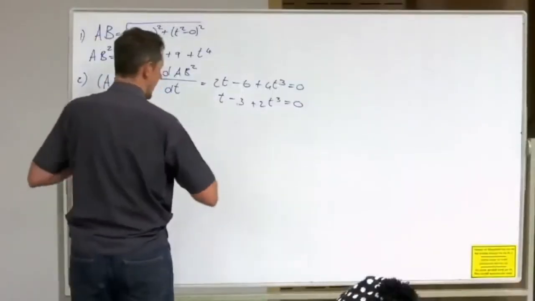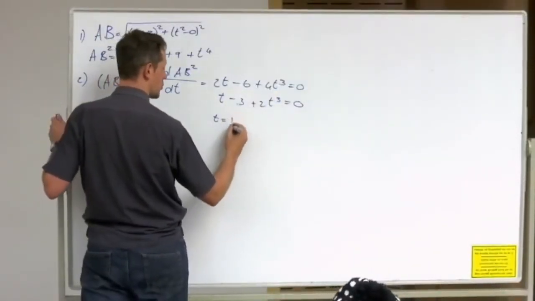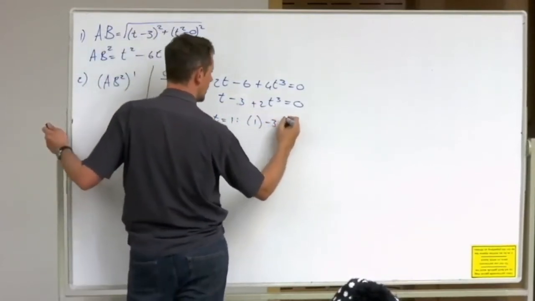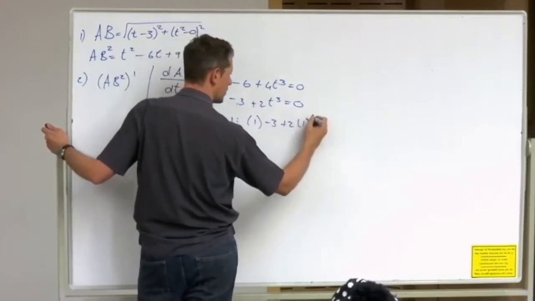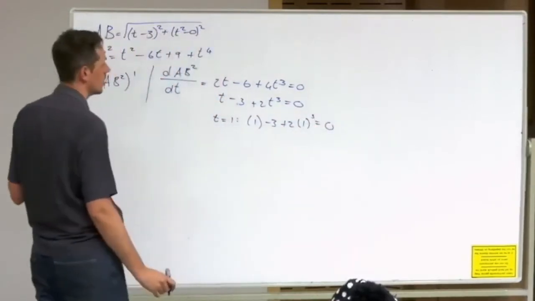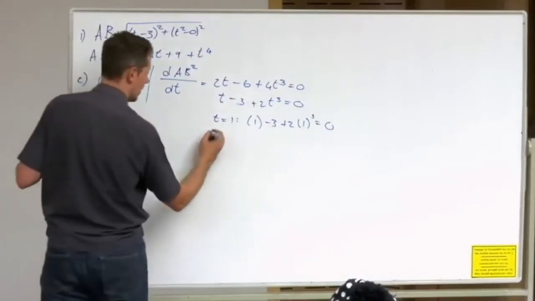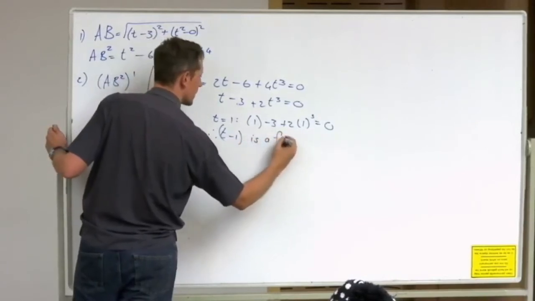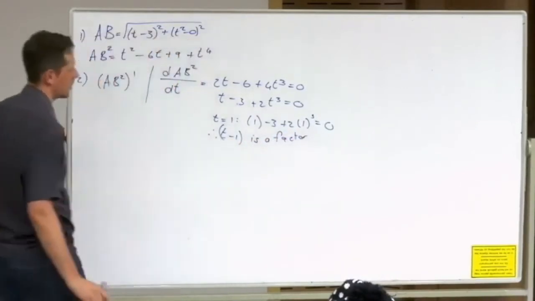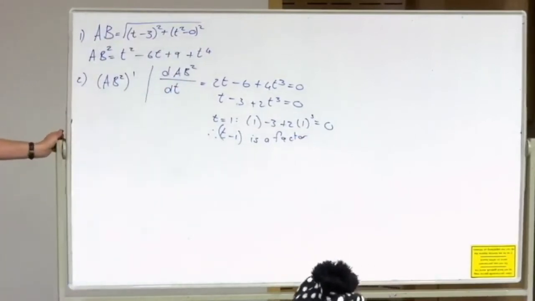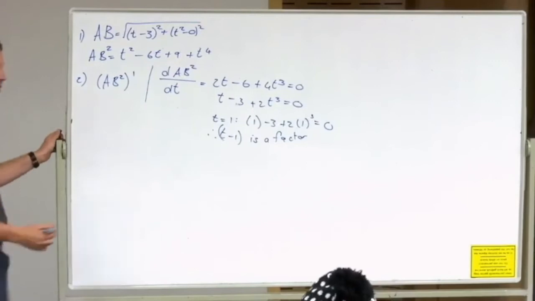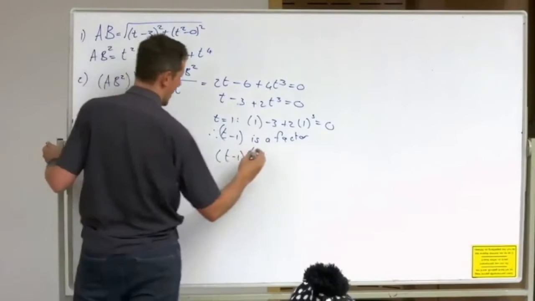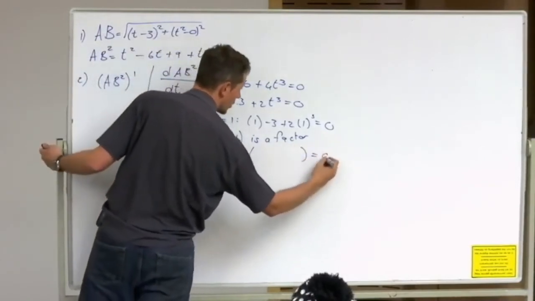But I'm somewhere going to go t is equal to 1, because 1 minus 3 plus 2 times 1 cubed is 0. So therefore, t minus 1 is a factor. But now I need to factorize this further. So I'm going to go t minus 1, and in the back I have something equal to 0.